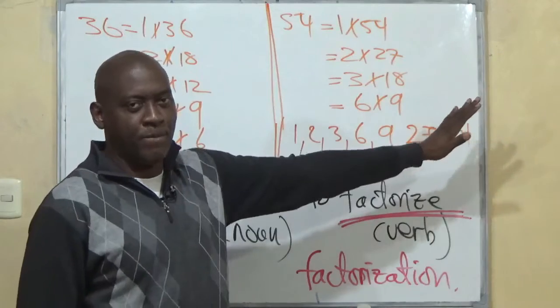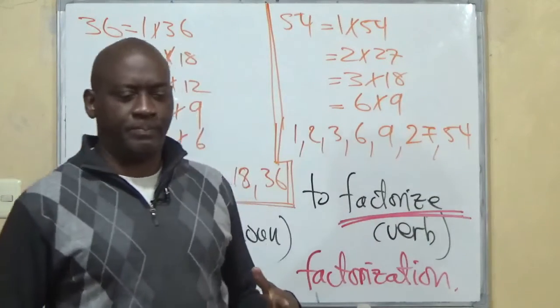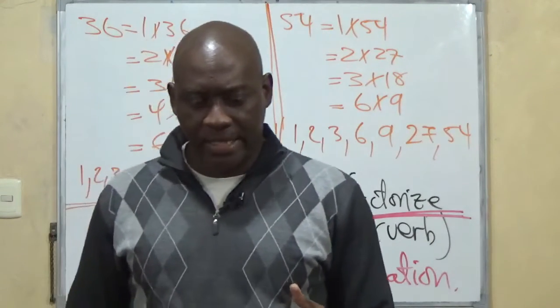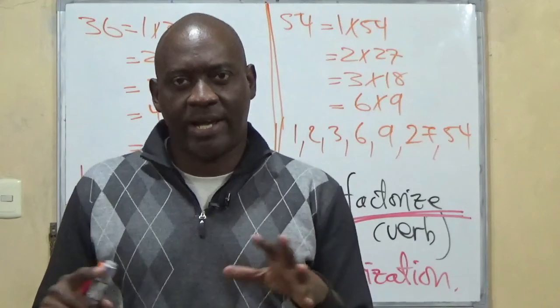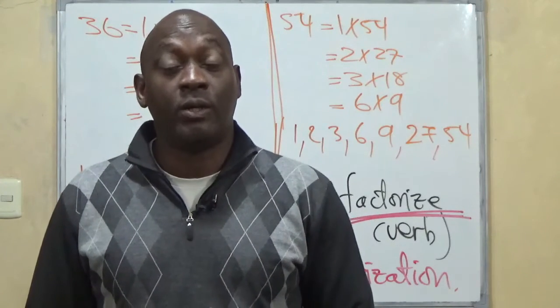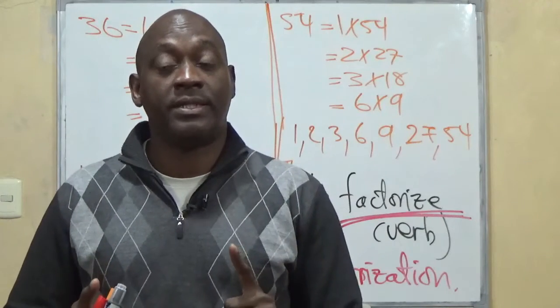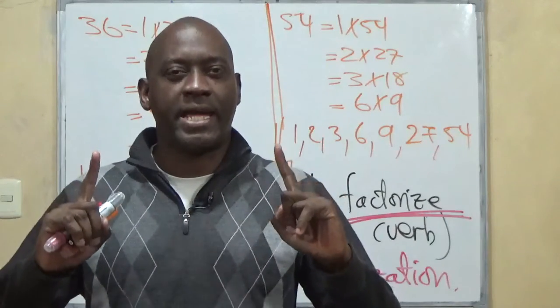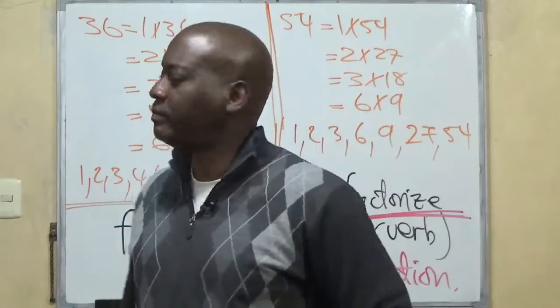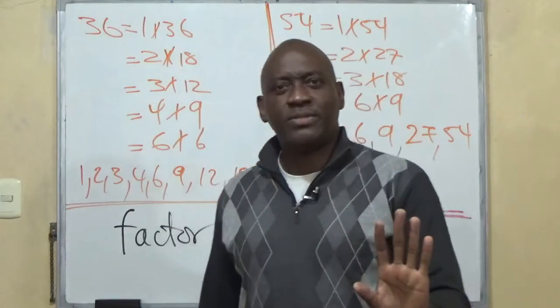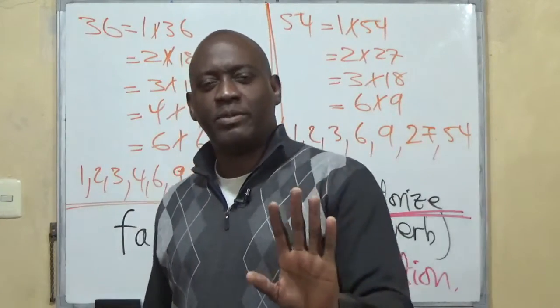Right? Now we're going to go a step further, by not just doing a regular factorization. We're going to factorize the numbers into their prime factors. It's a very simple process.